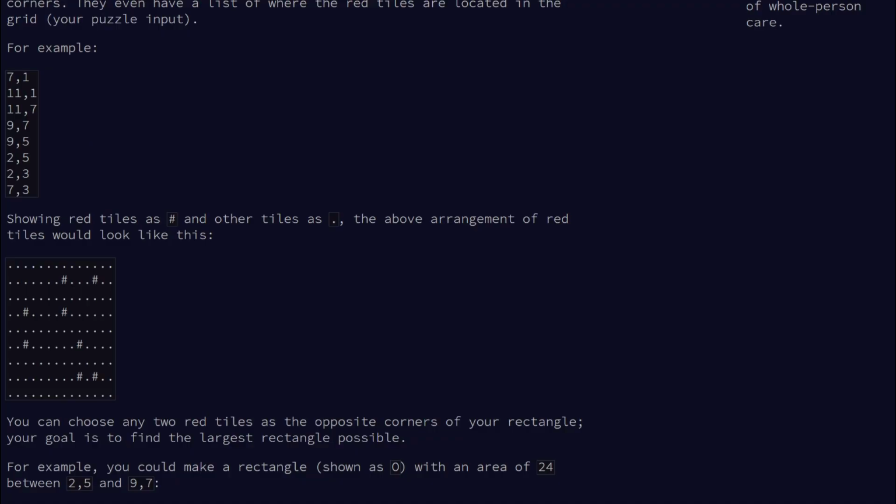So where I have y6, x2, I should consider actually that's x6, y2. So where is that? 1, 2, 3, 4, 5, 6, 1, 2. That's here. Perfect. That is outside.